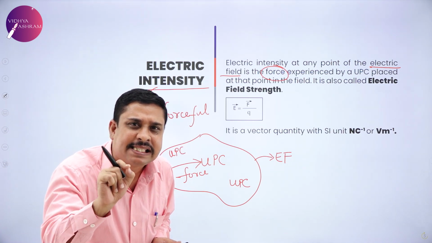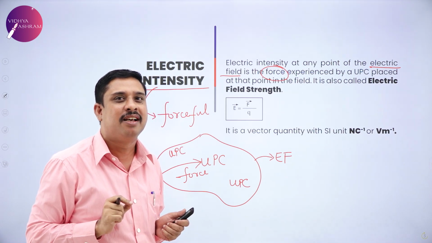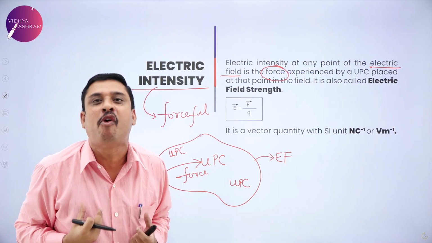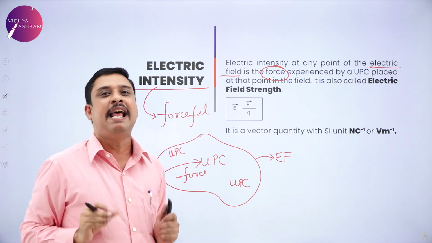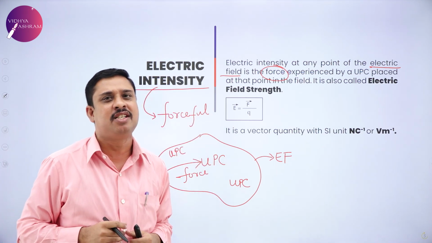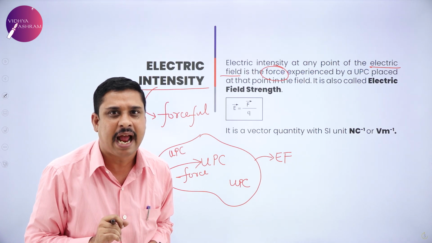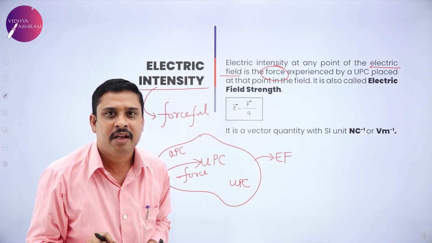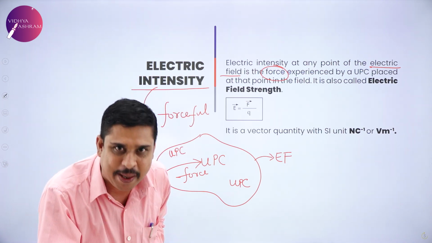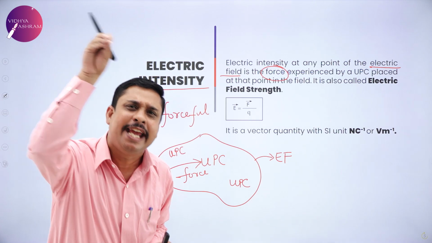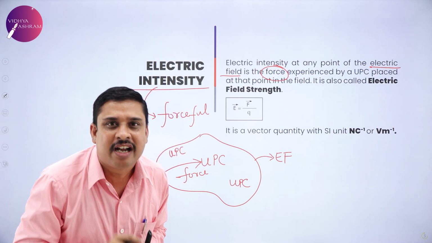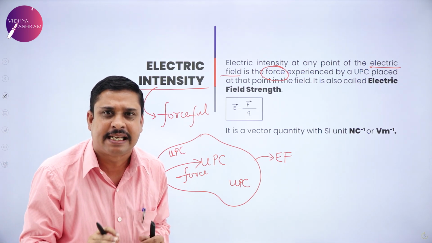Wherever inside the electric field you place the charge, it should experience some force, and that force itself is called electric intensity. No exaggerations. So please understand here, the force acting on a UPC at any point of the electric field is what is called electric intensity.